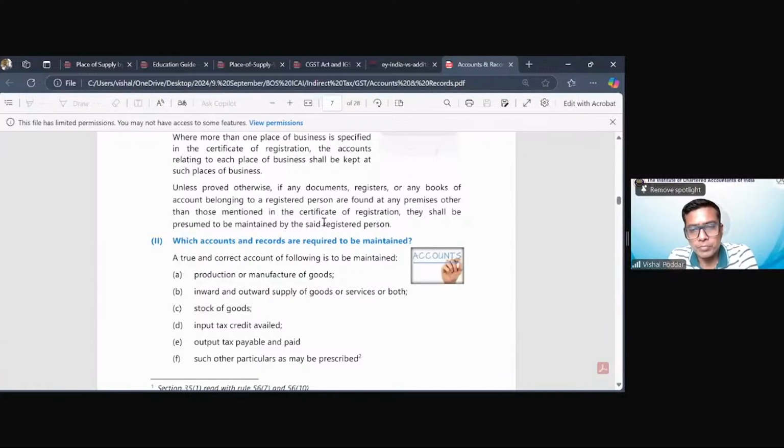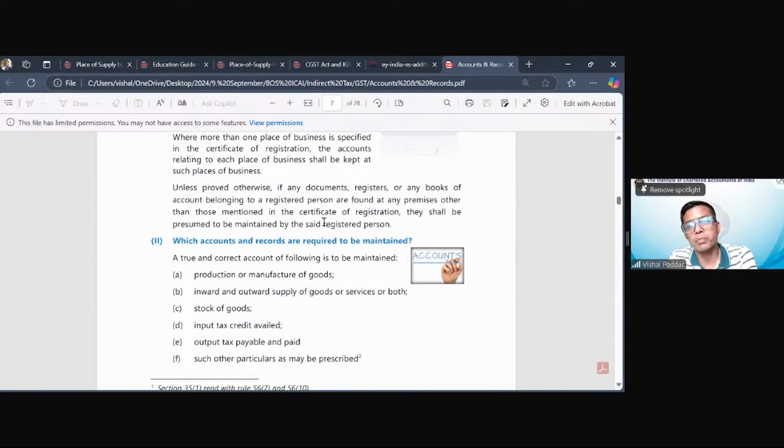So what it means is, if during any type of raid or similar search action, your records are found at any other place which is not mentioned in your certificate of registration, they will presume that these records belong to you. In other words, whatever entries are in these records will be presumed to be your transactions. Now see why this provision is there, let us understand the ideology.